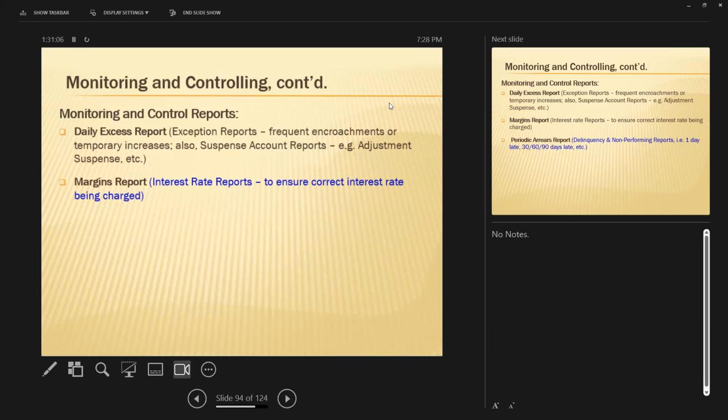So if the customer has an approved limit of $1,000, and the interest rate on that is supposed to be 10%, you want to make sure that on the report it's showing 10% and not 12 or not 8, right? If a customer does not have a limit and they go overdrawn, their interest rate should not be 10%.